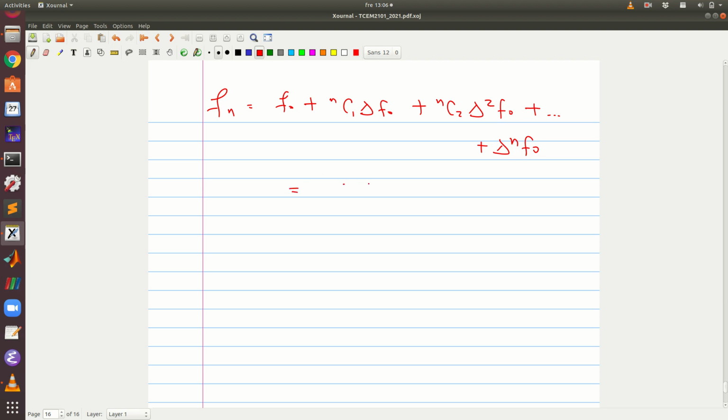Which can also be written in short form as the summation from i equals 0 up to n of n combination i, and then the del operator to the power i times F0.